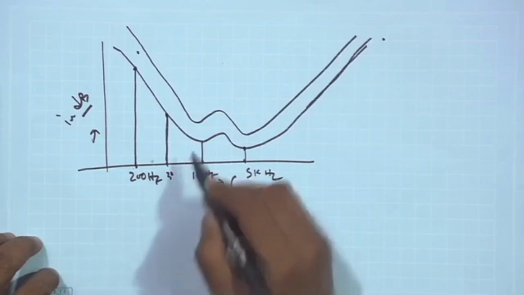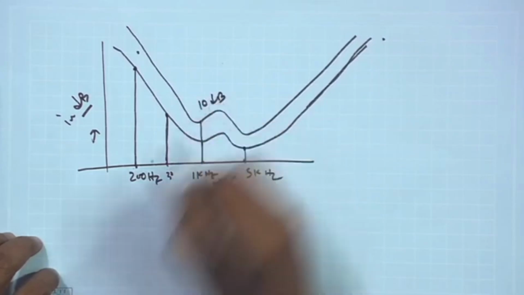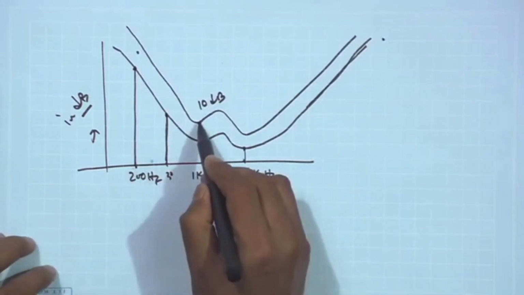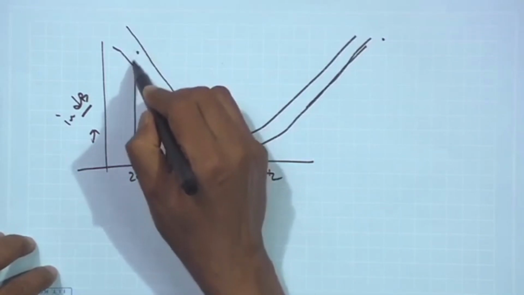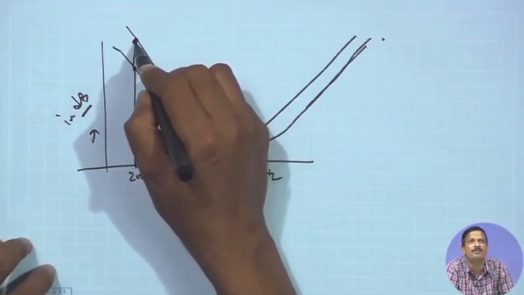Let us say 10 dB at 1 kilohertz. To perceive the same loudness for a 200 hertz signal, I require larger intensity.